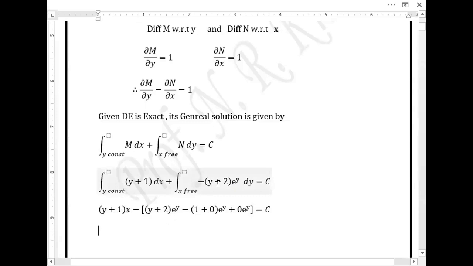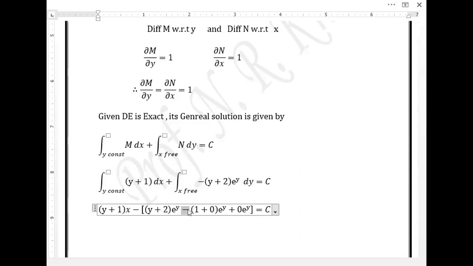Then here, y plus 2 and e raised to y, there are two functions of y. We have to use the product rule of integration. The first function remains as it is. We just keep the first function as it is. Second function integration, the e raised to y, whose integration is e raised to y. Then minus sign, first function derivative.